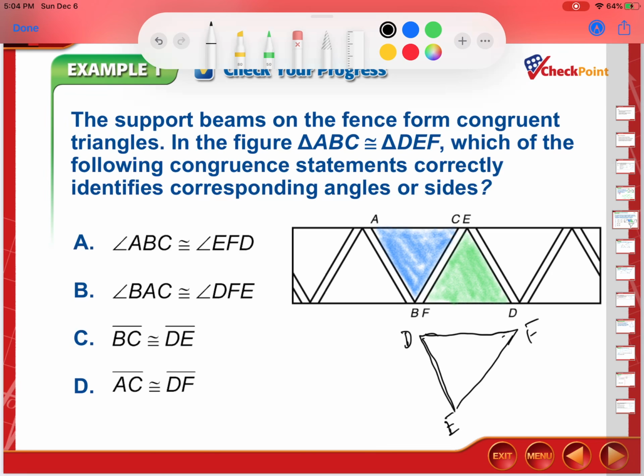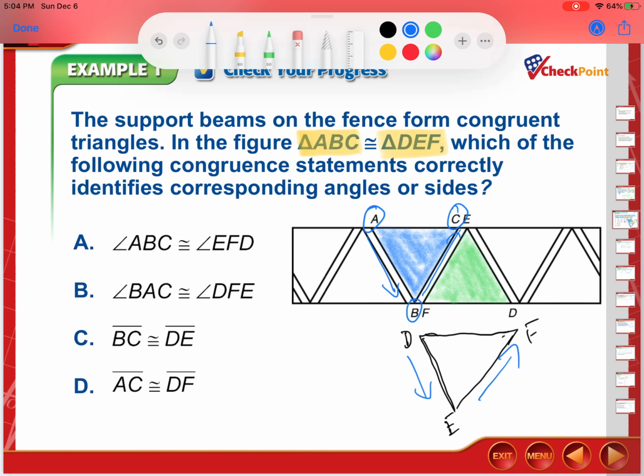Because when we write this congruent statement that they wrote up top, they said triangle ABC is congruent to triangle DEF. So we started on this triangle ABC in the upper left, went down, and then went back up. So it needs to follow that same pattern in the second triangle, so we would need to flip the second triangle to where DEF, we go down and then back up.